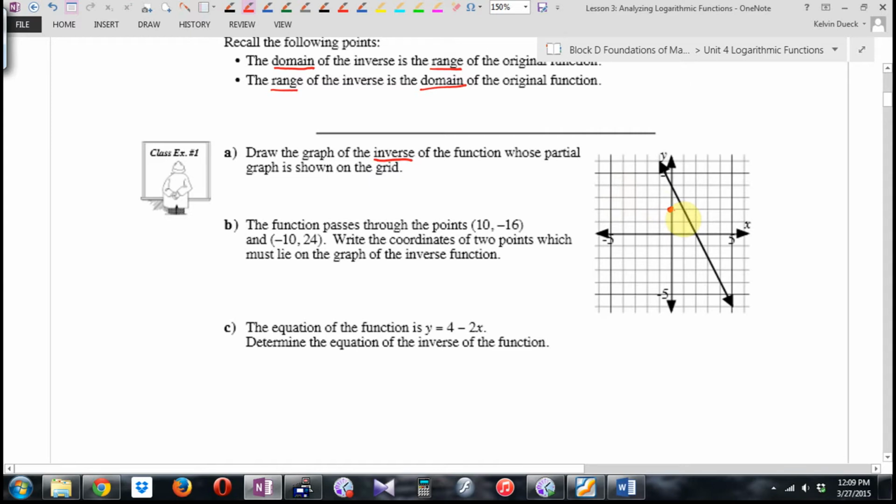I'm going to find another point. I'm going to move down. This one here looks like a nice one. That point there is what, comma, what? I'll give you a hint: 3, comma. The inverse is negative 2, comma 3.